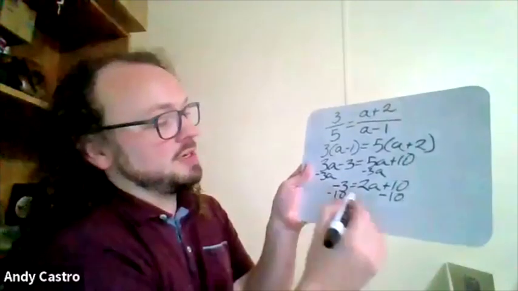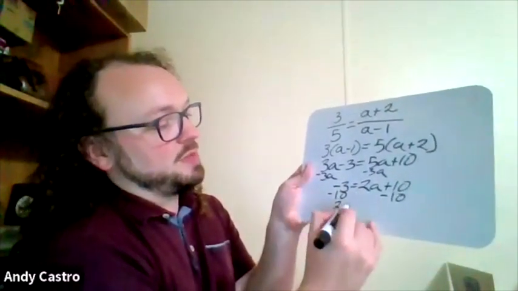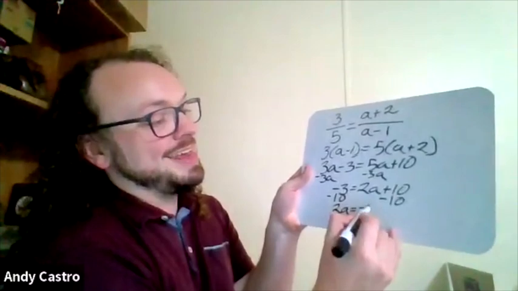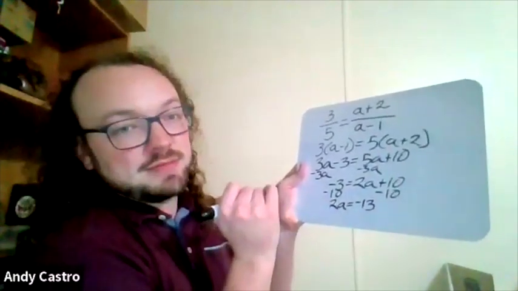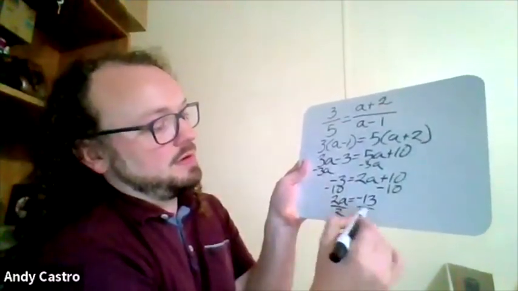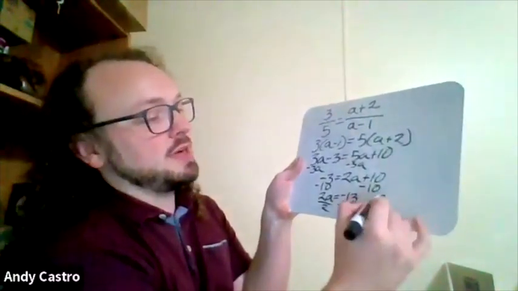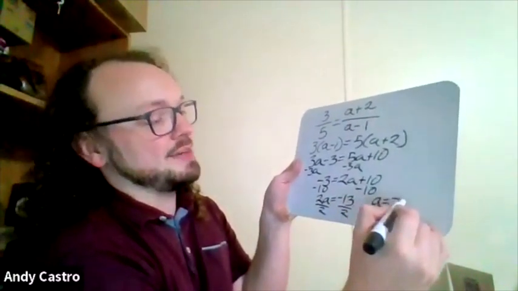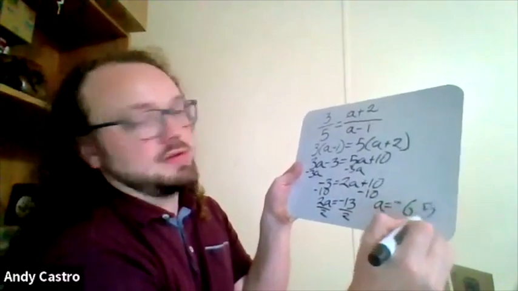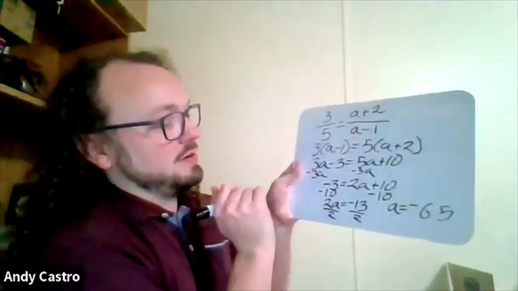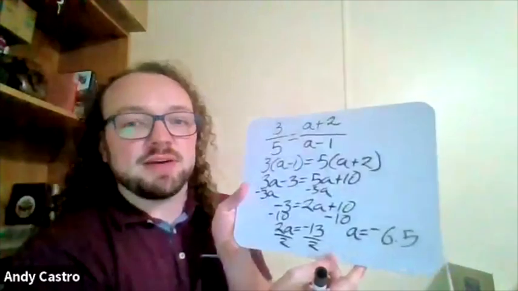Also very close. So I'm going to flip the sides. 2a equals -13. And when I divide both sides by 2, I get a equals -6.5.